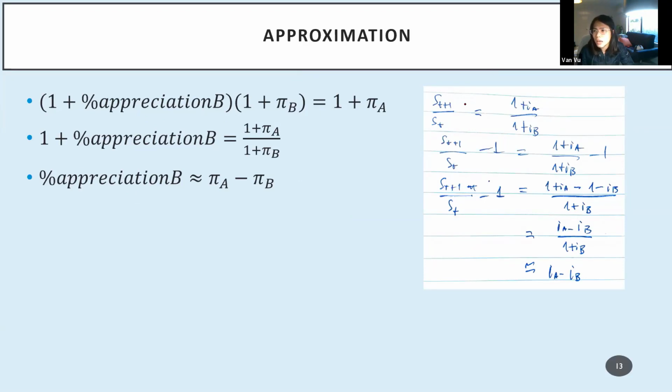So in this case, from my relative PPP, which is what we saw before, I'm sorry, this should be pi, which is inflation rate.